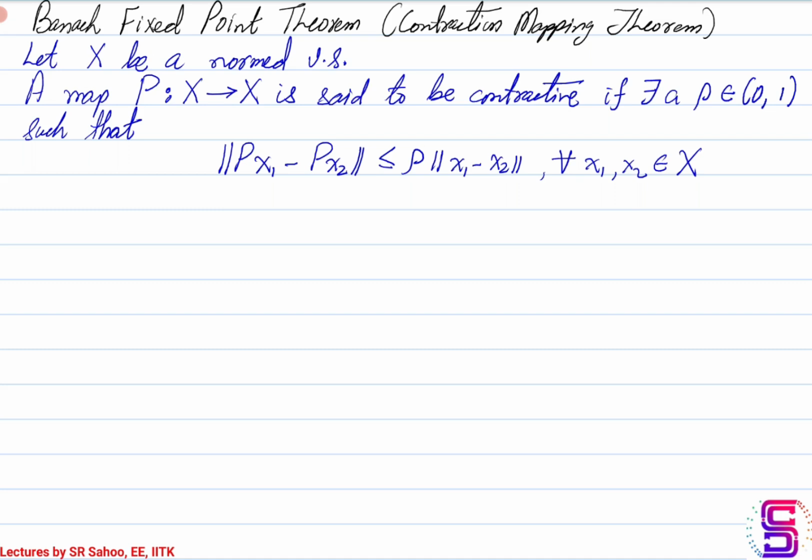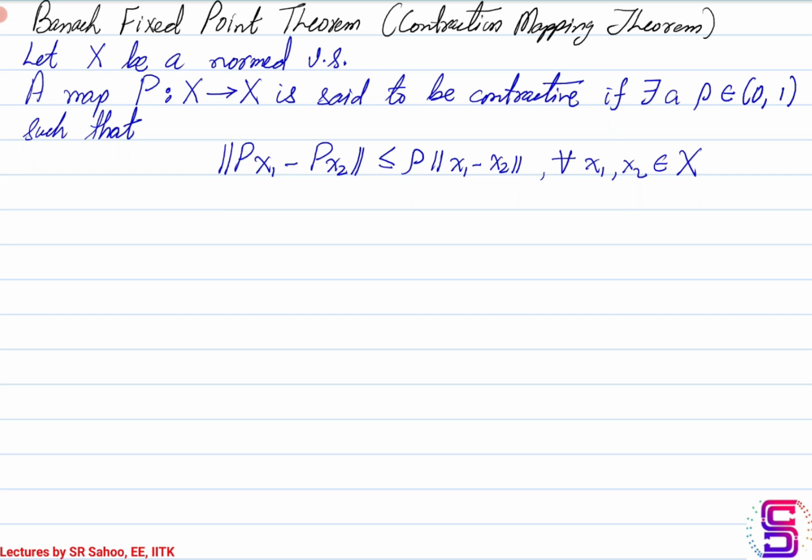Okay, so if P is a contraction map, then what you will observe is that the distance between Px1 and Px2 is going to be less than the distance between x1 and x2. So what essentially has happened is, under the operation of P, the new vectors generated from x1 and x2 are closer as compared to the vectors x1 and x2 themselves.